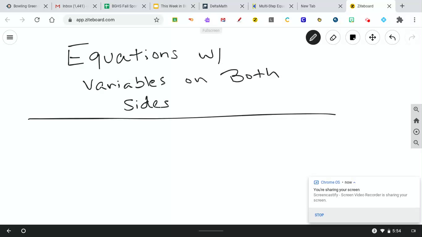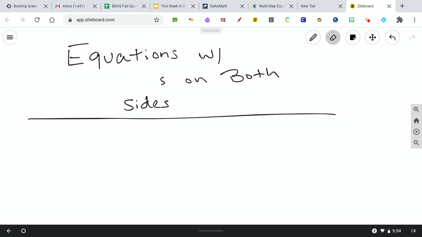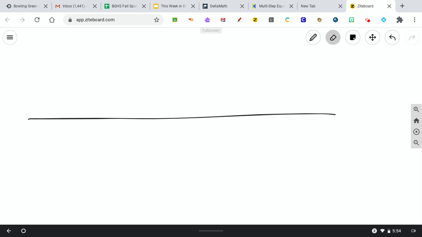Okay, so we're going to work on equations with the variables on both sides, or on the same side, actually. Let me correct that. So basically, we're just going to do what we call multi-step.